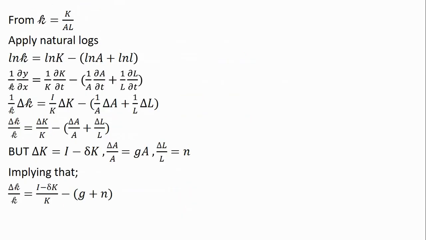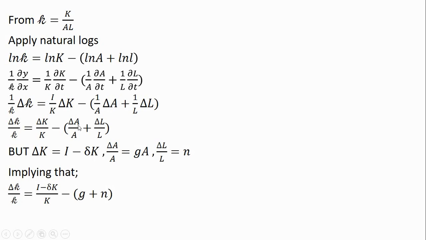Now if we come here, we are having our new equation as change in kappa over kappa is equal to change in k over k minus change in a over a plus change in L over L. So we represent our change in k with I minus sigma kt, because this change in k is capital accumulation and it is I minus sigma k.